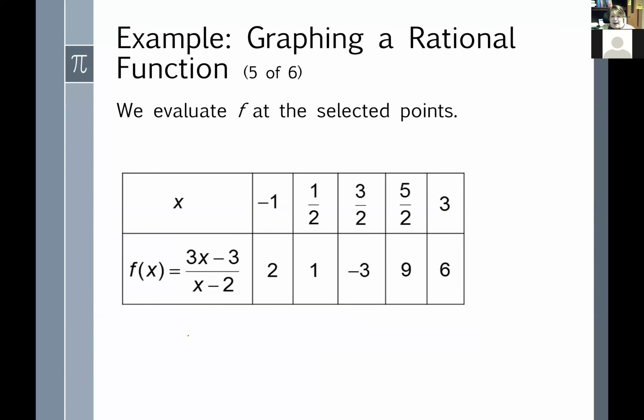Now, if you've graphed this function, your calculator can find these values for you. So all you have to do on your calculator is go to your calc menu, which is above your trace. And number one is value. So if I input this function into my calculator, I can find the y value for the given x value.